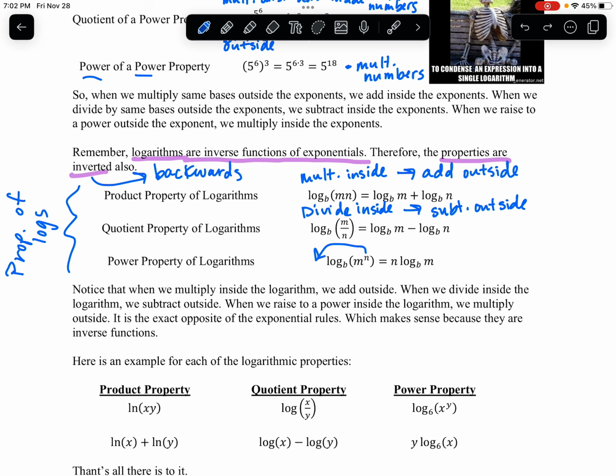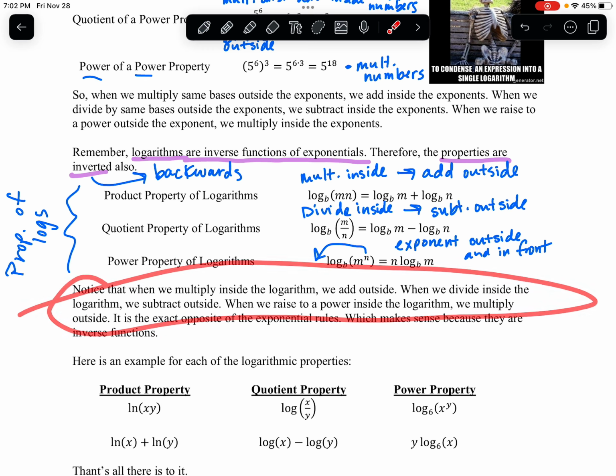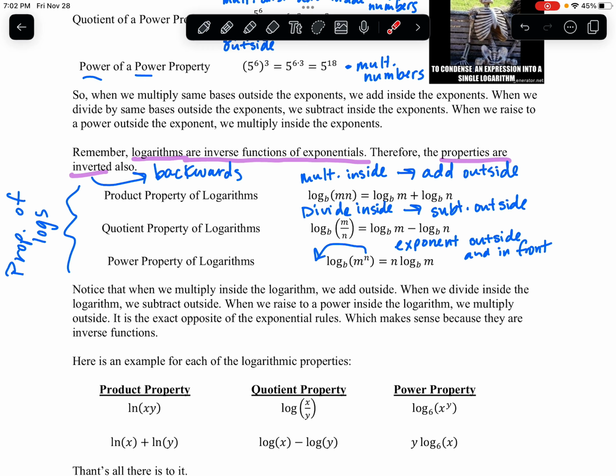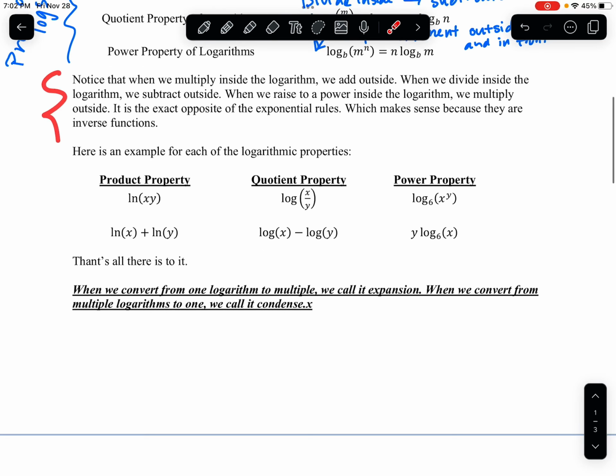So exponent outside and in front. And this is pretty much what all of this is saying, but I know some of you don't have headphones, so you're more than welcome to read what this says and highlight what you can.